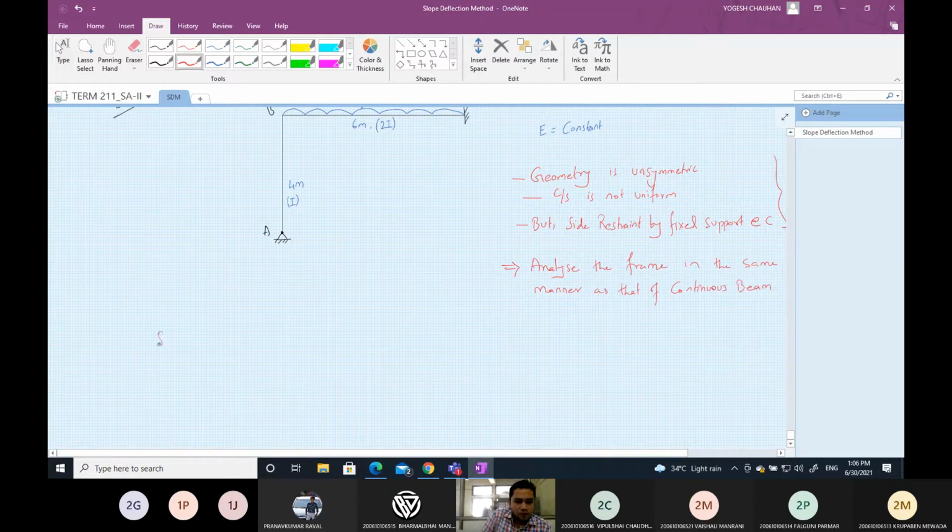So first step would be to restrain the frame, and find the fixed end moments.